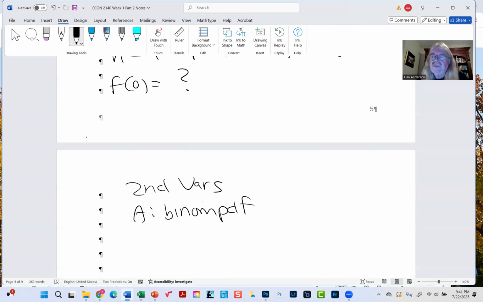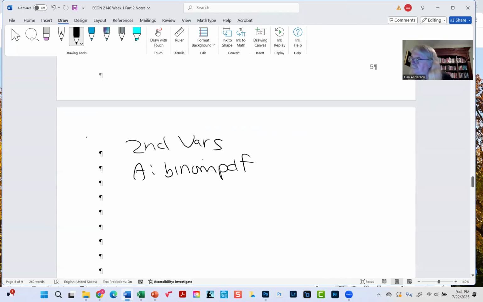So then it's going to ask you a series of questions. Trials will be 4. P is 0.5. And then X, this is the part that's different for each case we're looking at. So here we're looking for the probability of getting no heads. So set the X value equal to 0.